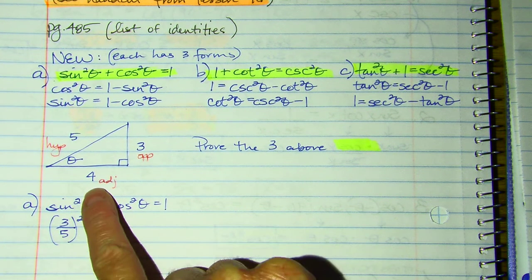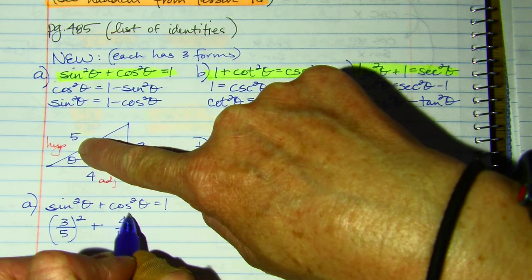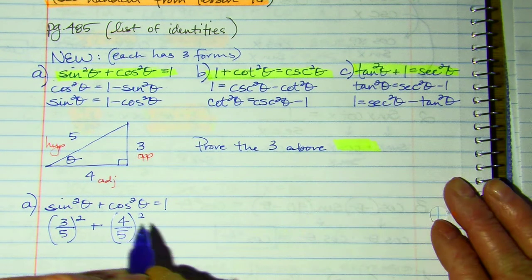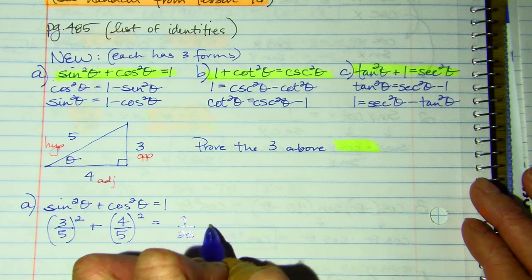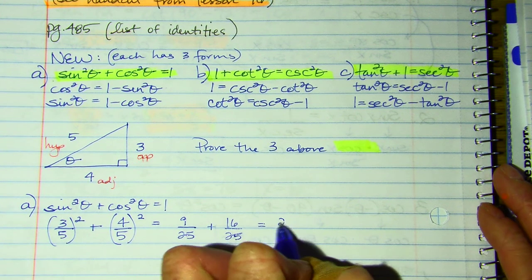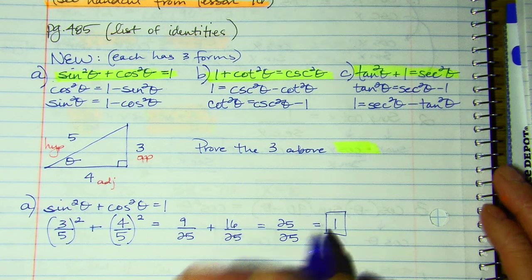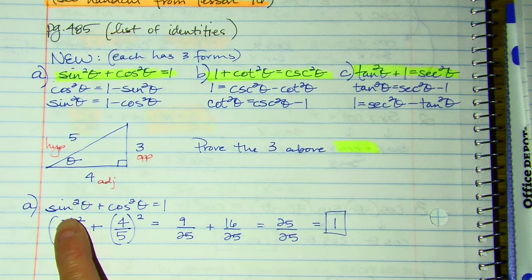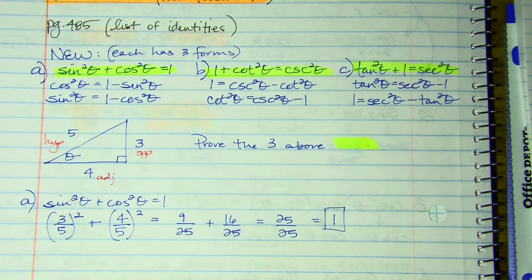Cosine would be 4 adjacent over hypotenuse squared, and that would give me 9/25 plus 16/25, which would equal 25 over 25, which equals 1. So I just proved this, that the sine squared of theta plus the cosine squared of theta equals 1.